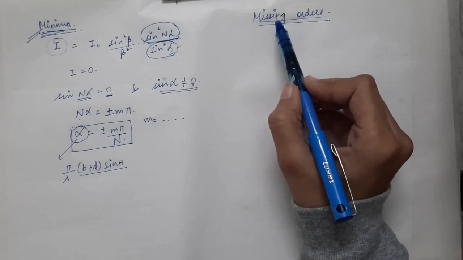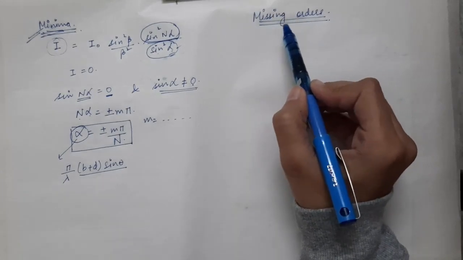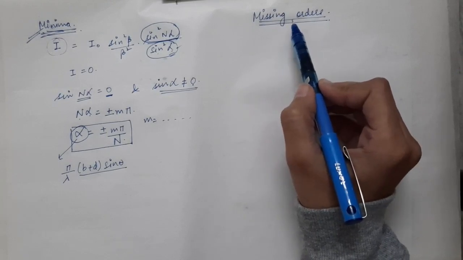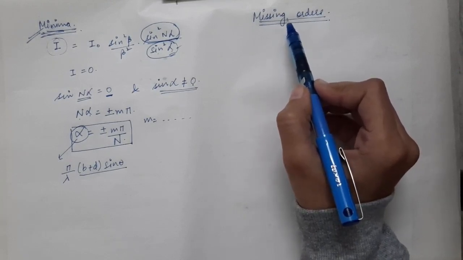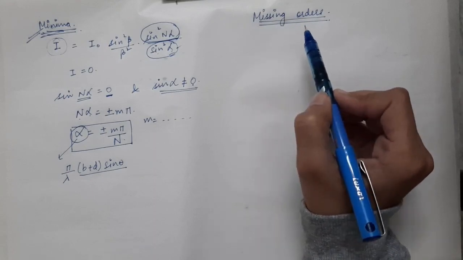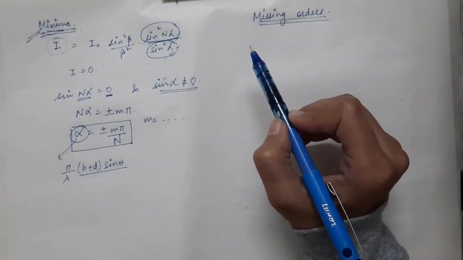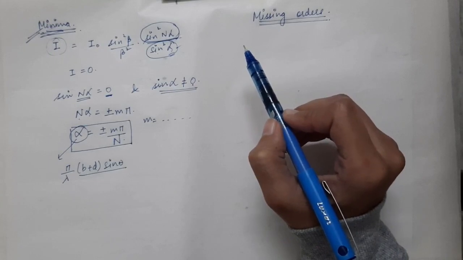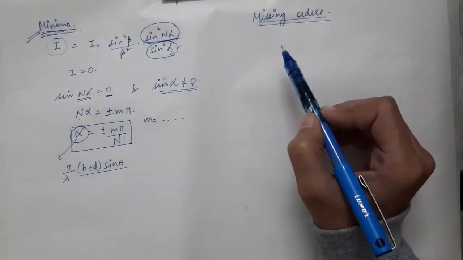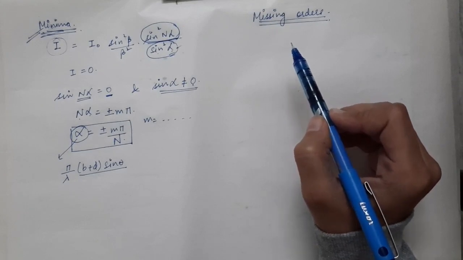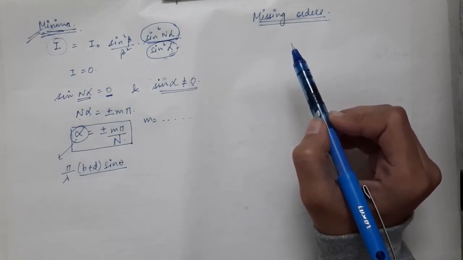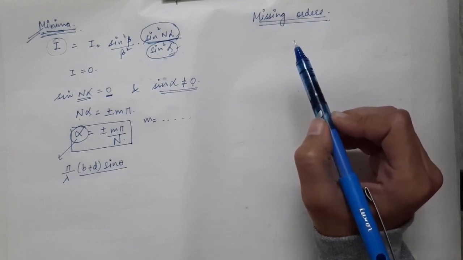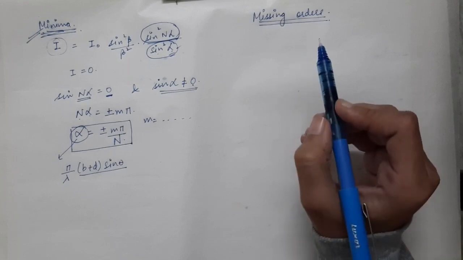So in the previous lecture also we had seen that in the case of double slit, some of the principal maxima are absent from the diffraction pattern, and the reason is that in that particular case there is a maxima of the interference pattern, but at the same time, at the same point on the screen, there is a minima of the diffraction, and as a result the net effect on the screen at that particular point is a minima, and hence we say that a particular order of the principal maxima is missing.